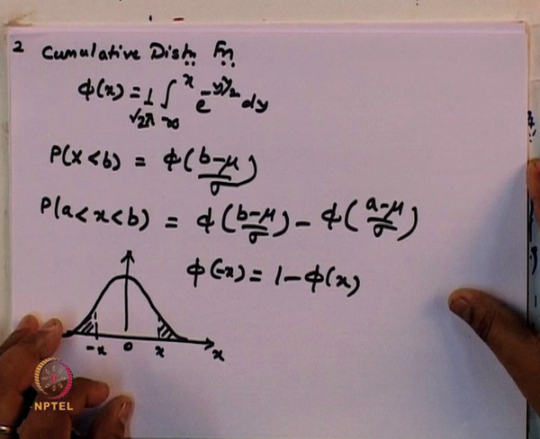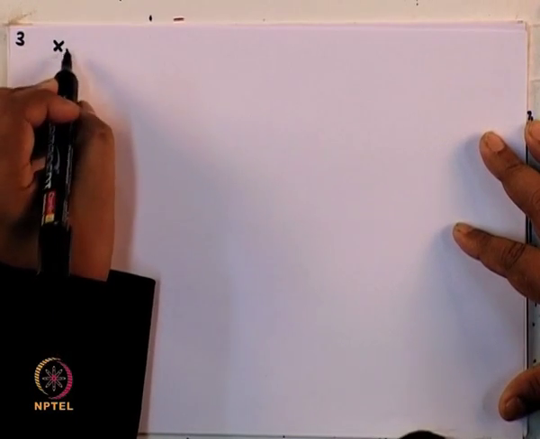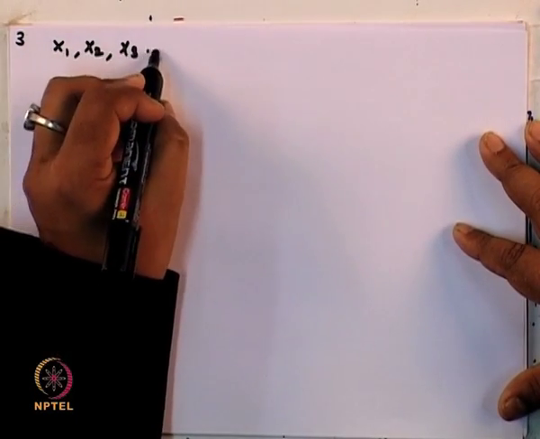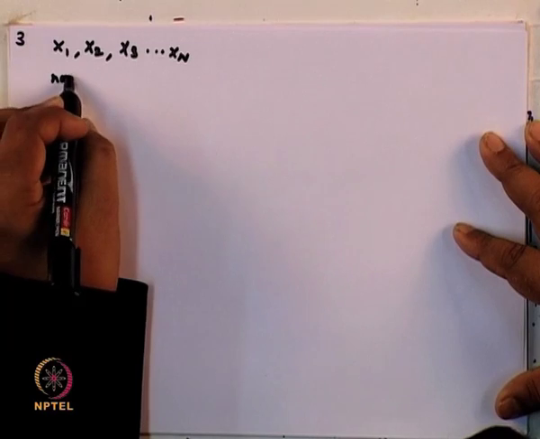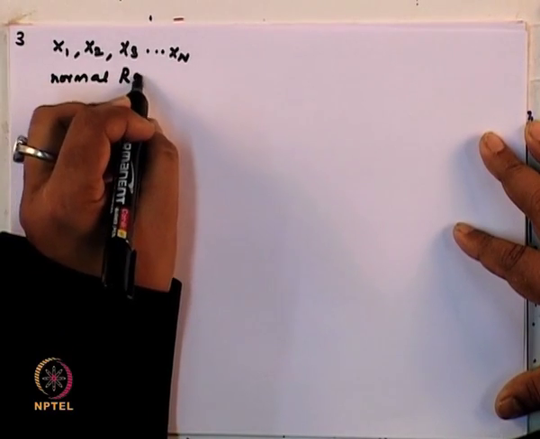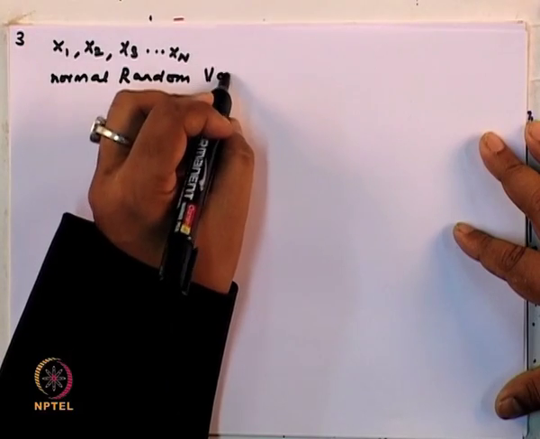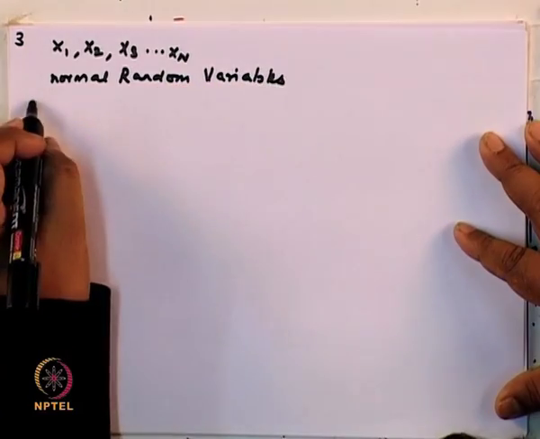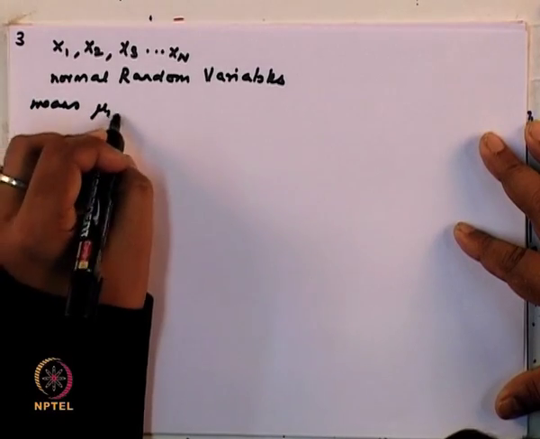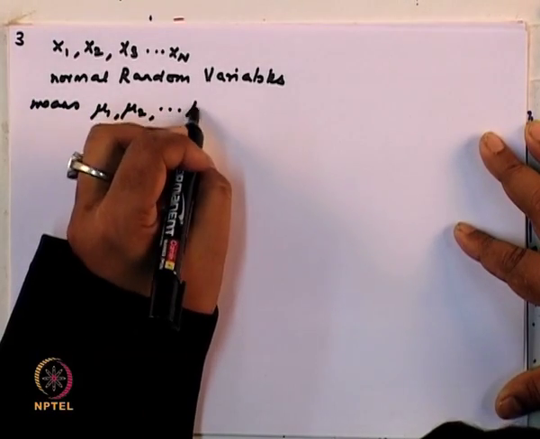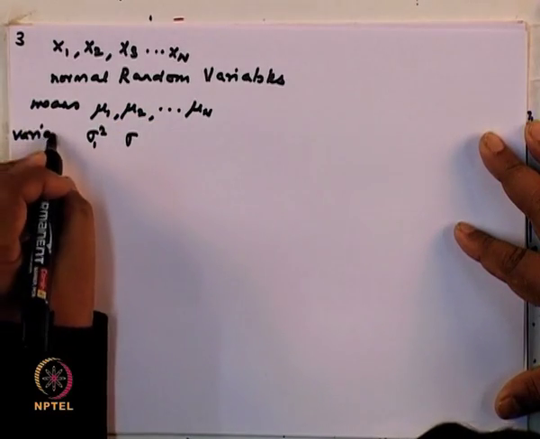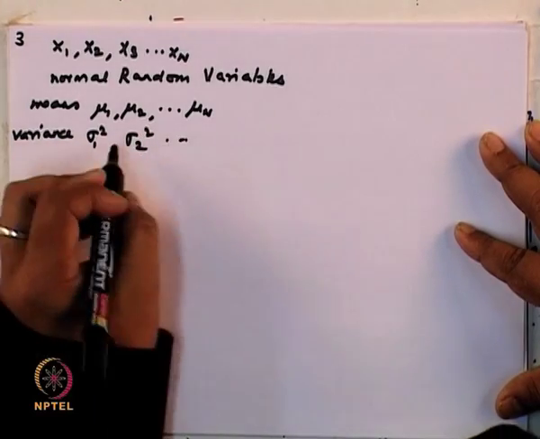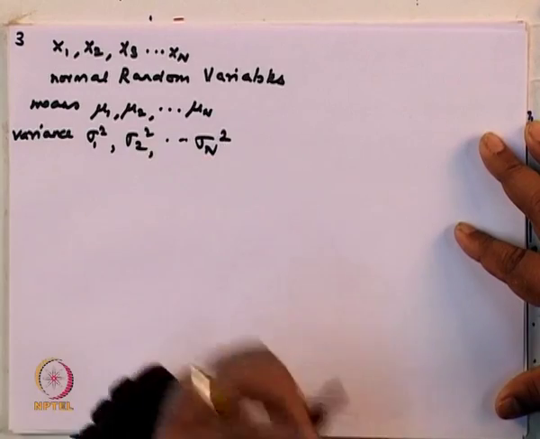Now, there is another interesting idea. If you have random variables x1, x2, x3 up to xn, which are all normal random variables with means mu1, mu2, up to mu n and variances sigma 1 square, sigma 2 square, up to sigma n square.